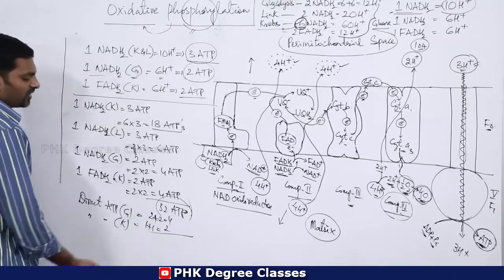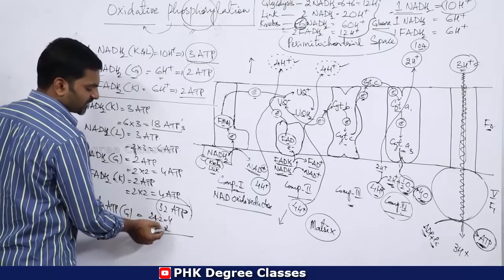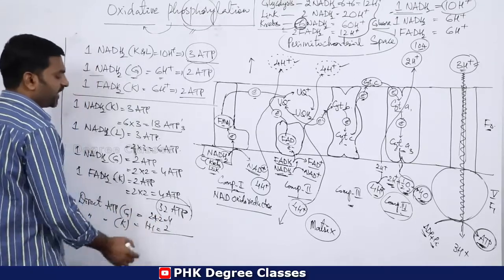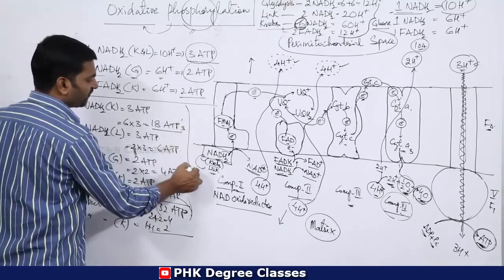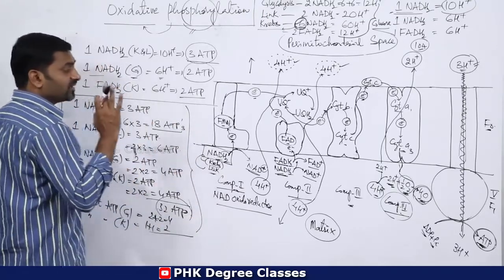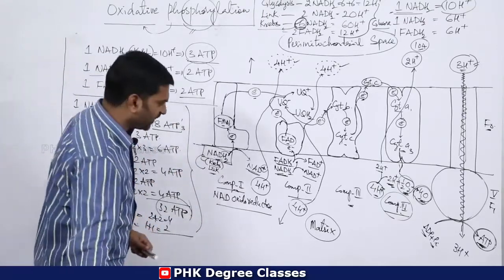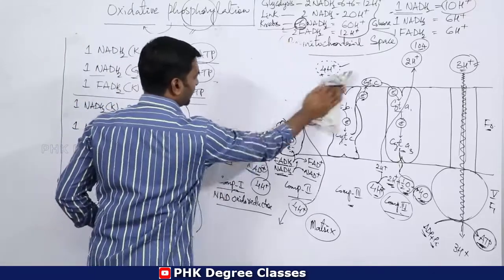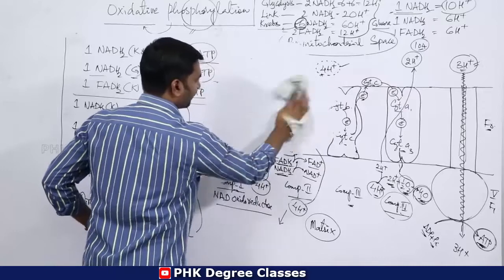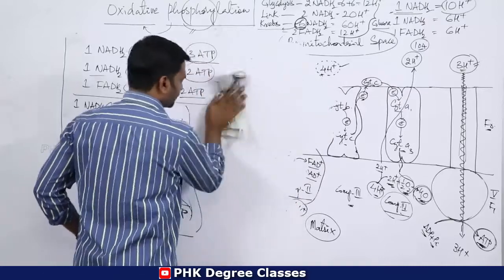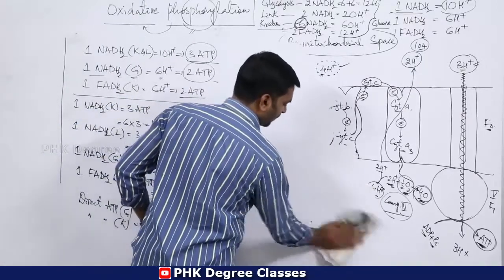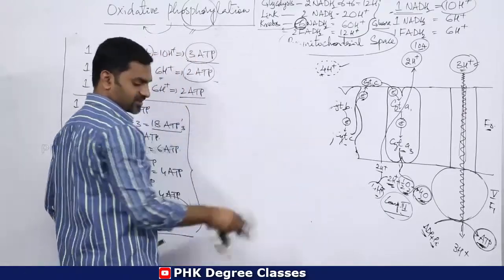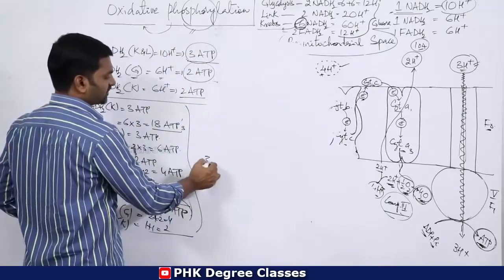Then count them all. 32 plus 4, 36, plus 2, 38. Clear? The total number of ATPs formed in aerobic respiration is 38. Remember, 38.